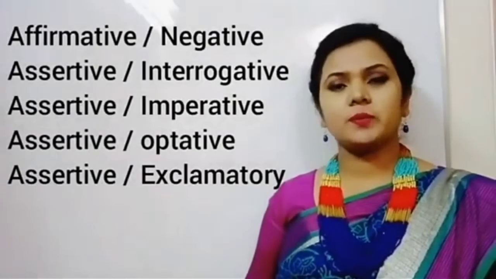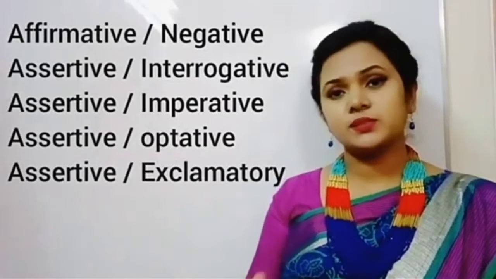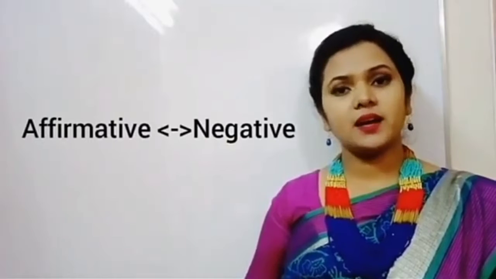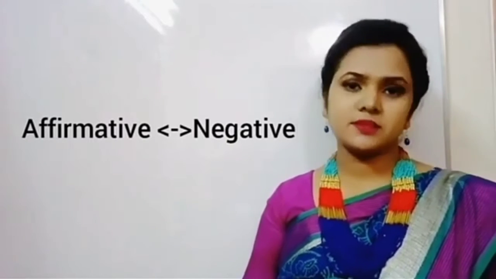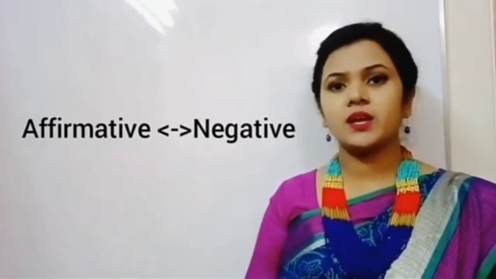Now we are going to talk in detail about how we change sentences from one to another. We are going to discuss how affirmative sentences change into negative, and similarly the same rules should be applied to change a negative sentence into affirmative.